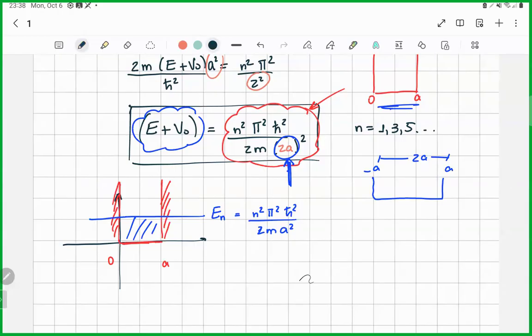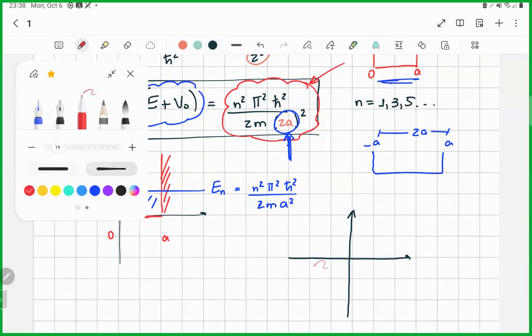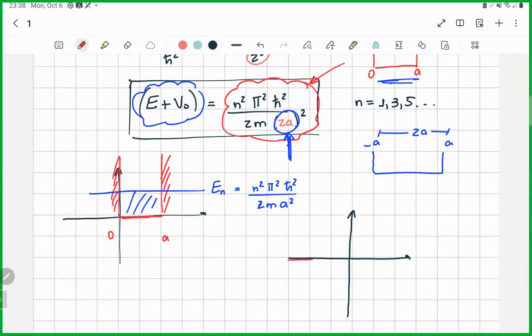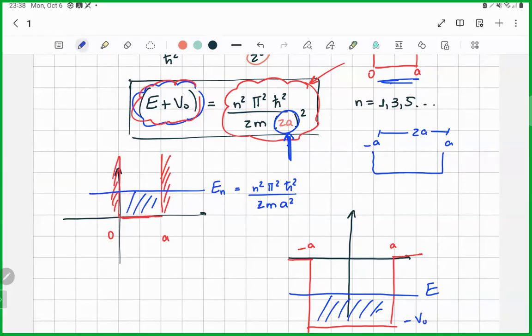Now, for this finite square well, but very, very deep, we have something that is 0 here, and then here it's really deep, between minus A and A. So this E plus V naught that you see here is what we have above the minimum of the well, just as here above the minimum of the well.